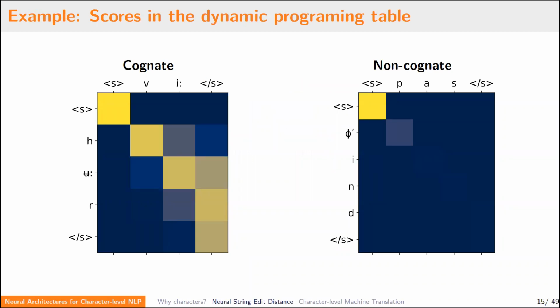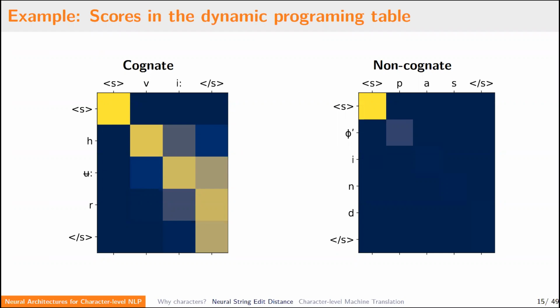This is a visualization of what a trained model can give us. This is again the same table as you saw with the example with the algorithm, but instead of the costs, here we have visualized the probabilities. We can see that for a cognate pair, there are high values for the matching symbols, and we use this very last state as a probability of the two strings being a cognate pair.